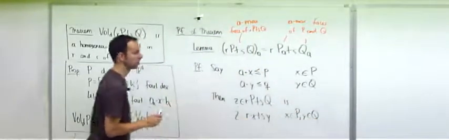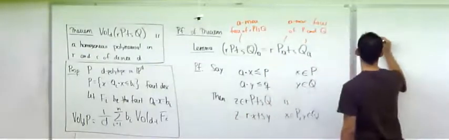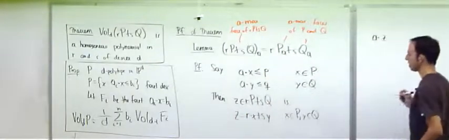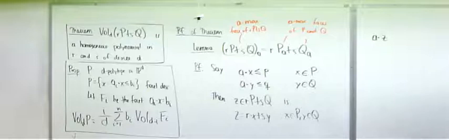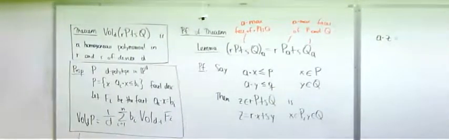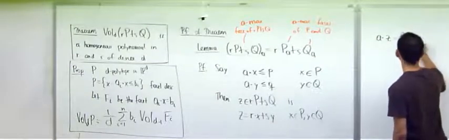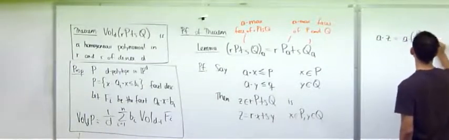By definition. So that means that when I take the dot product, I get a dot z equals a dot (rx plus sy).